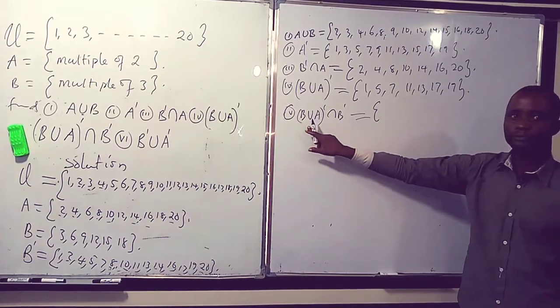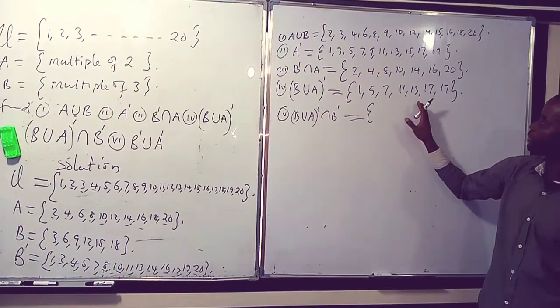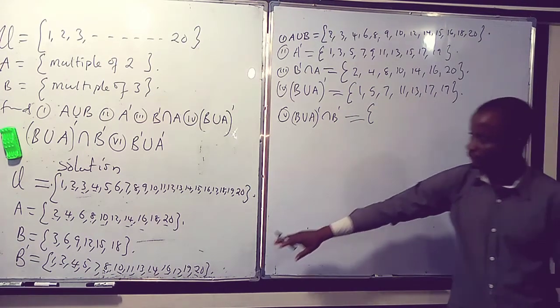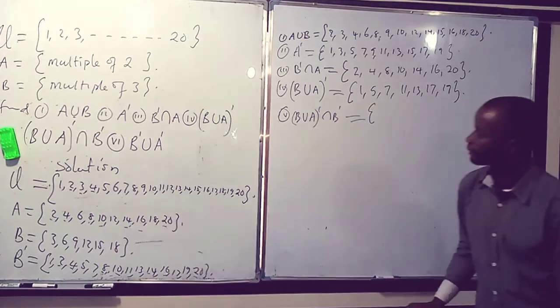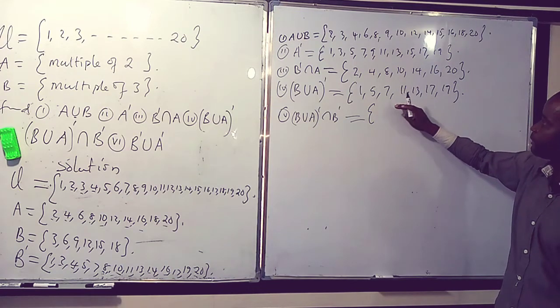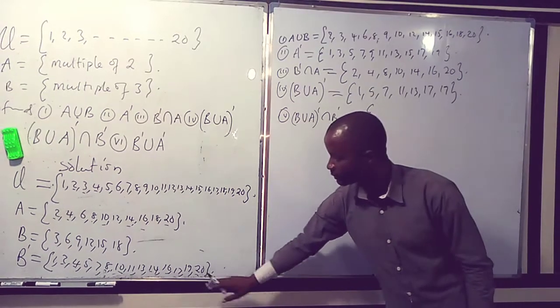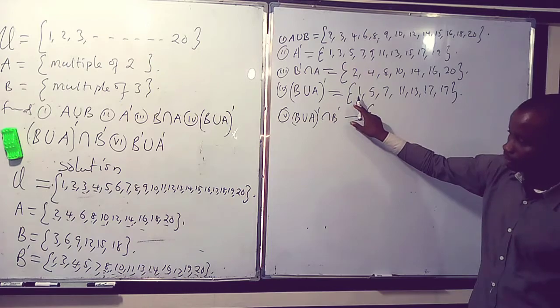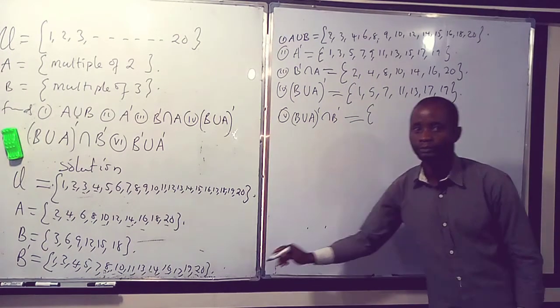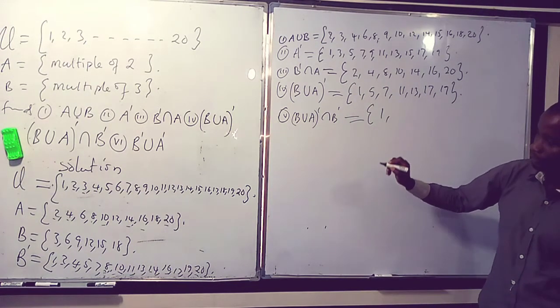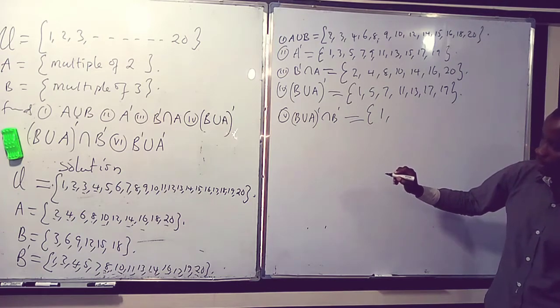Since we have A union B prime, which is this, let's compare it with B prime. What is B prime? This is B prime. We are going to find the common elements between this value and this. Let's start. We have 1, and we have 1 here. What's the next element? We have 5, 5 is common.